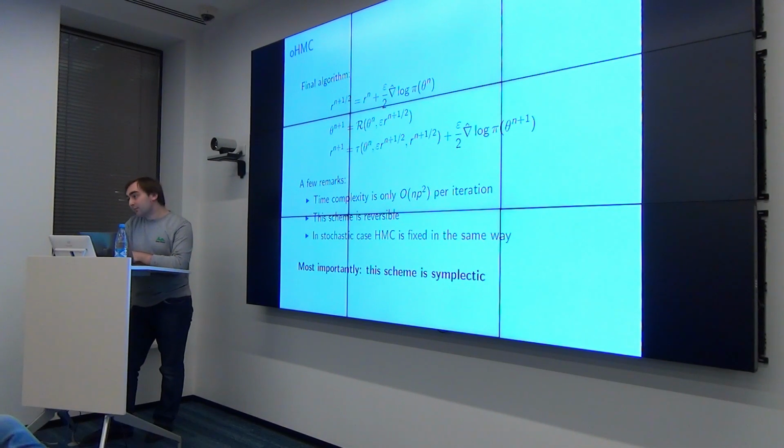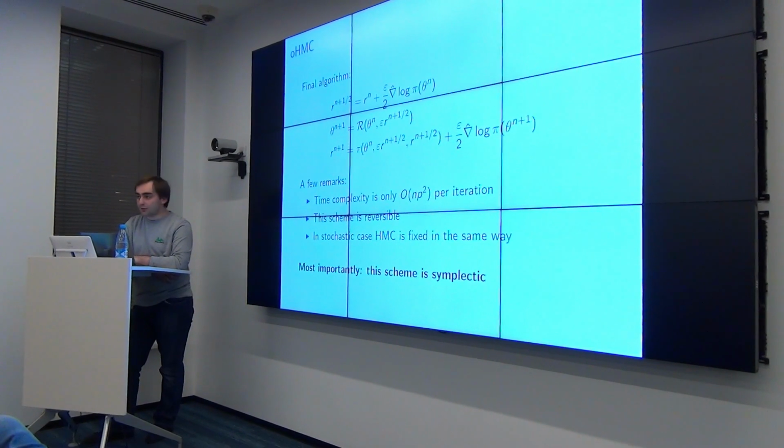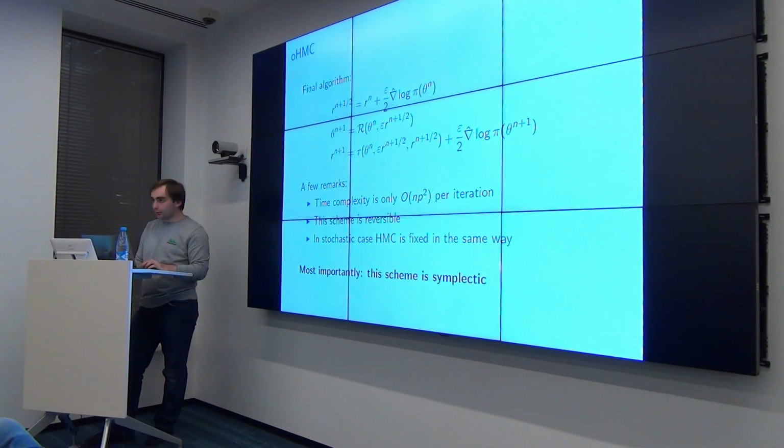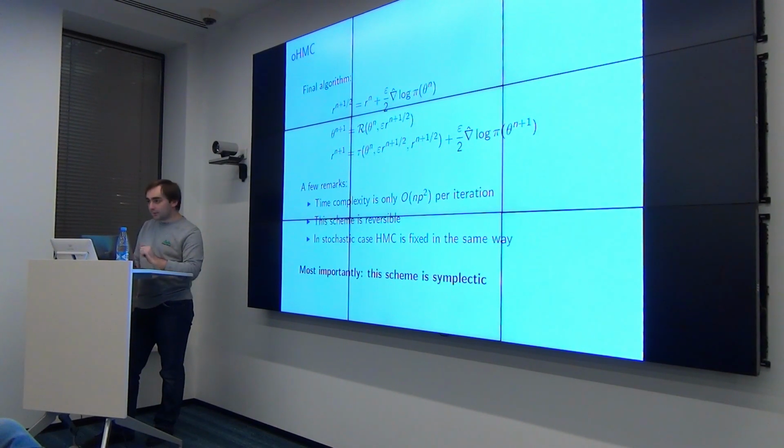It can be proven. It's quite a hard and long proof, but this is true. And so this algorithm will not have a big rejection rate. It will be quite reasonable, and so this method will be efficient.